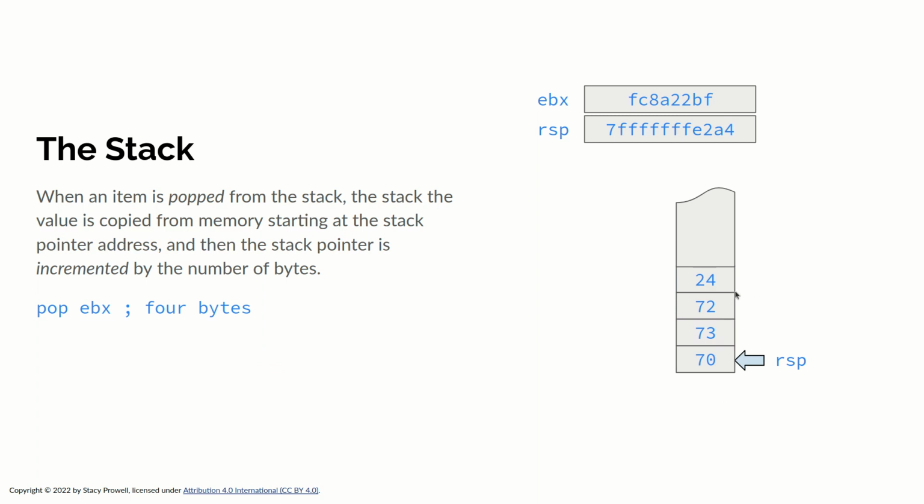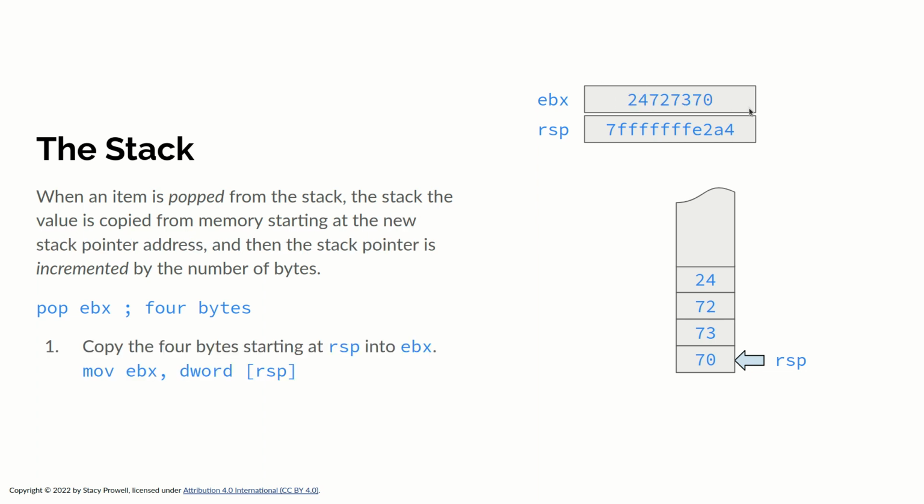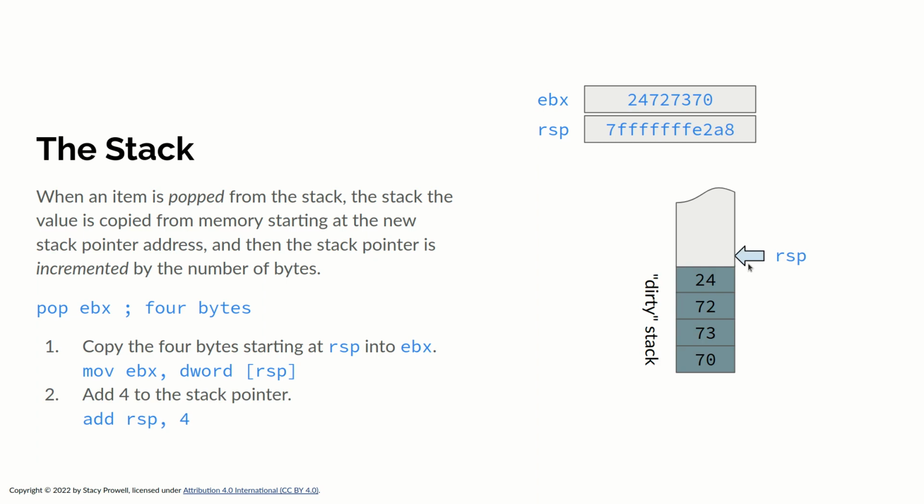We're going to wind up with 24, 72, 73, 70 in EBX. We do that, there it is. So it's effectively the same as moving the dword pointed to by RSP into EBX. Now the stack pointer needs to have 4 added to it. So we do that, and there we go.